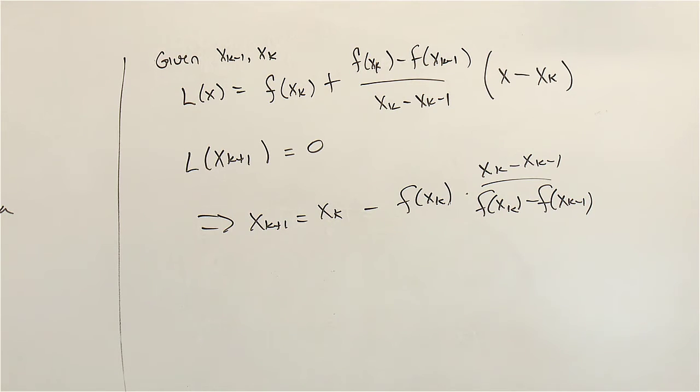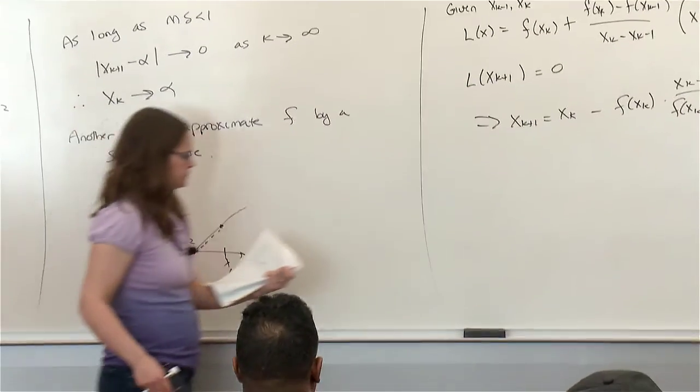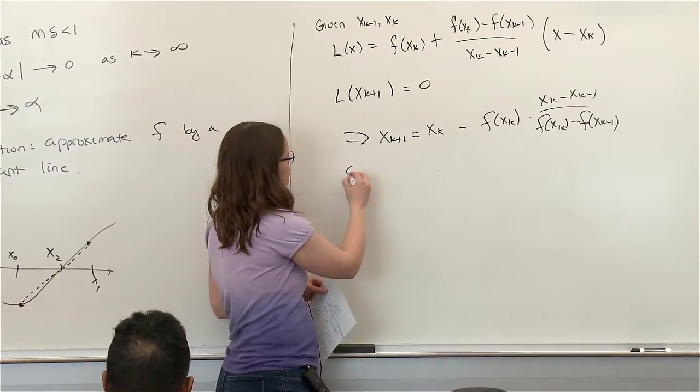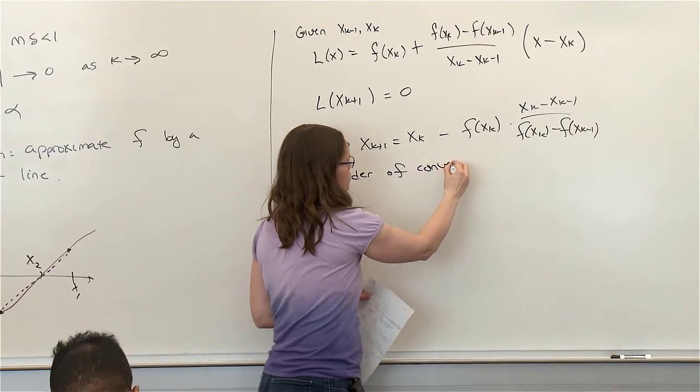With Newton's method, once I compute xk plus 1, I can throw out xk. I never need to know it again. With this, you can't do that. You have to keep it for one more step. But again, we should be asking, well, how fast is this really? So again, what's the order of convergence?